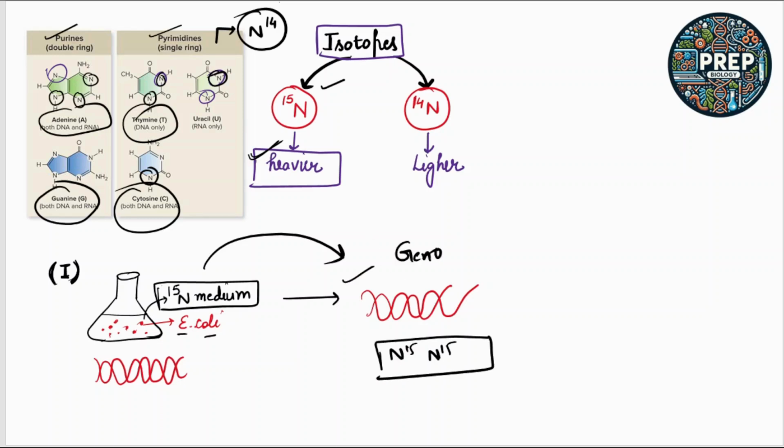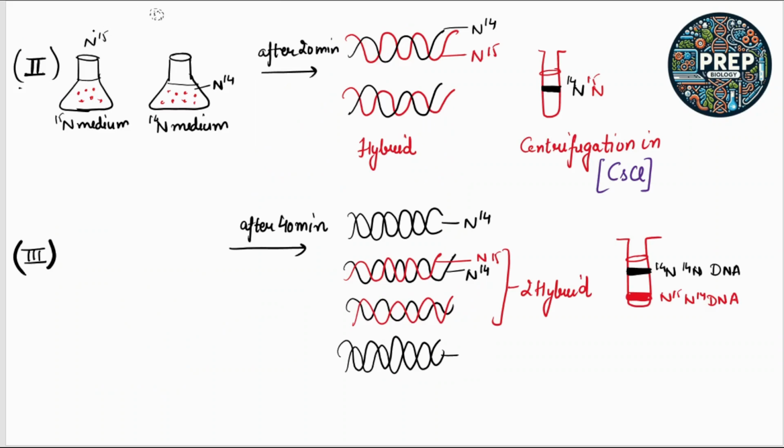When he transferred these N15 medium bacteria into the N14 medium, he found the first cycle of replication. In generation 1, two strands are formed due to replication, but both strands are hybrid in nature, a mixture of N14 and N15.